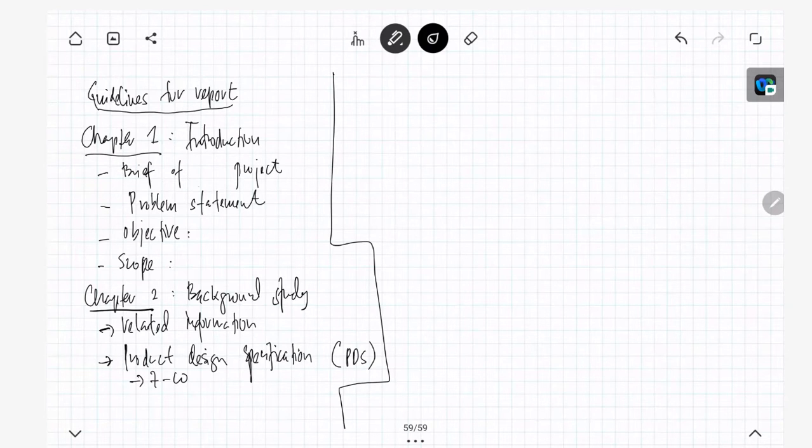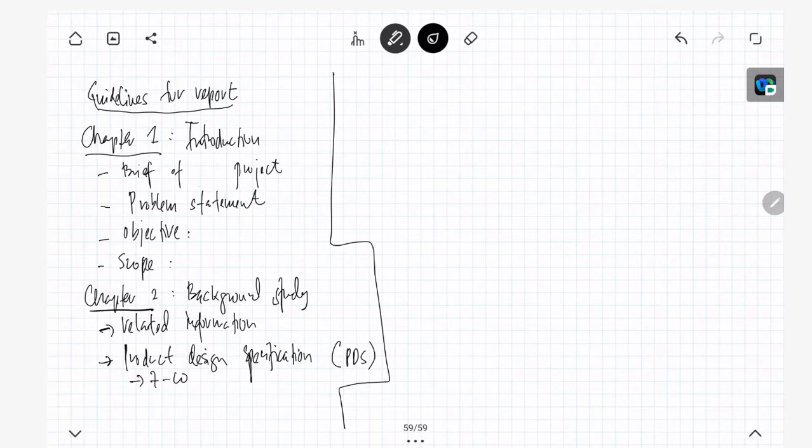The customer has some requirements, some needs. So you have to fulfill the needs of the customer by proposing the specifications, something in your target. So you have to write your target in your product design specifications.